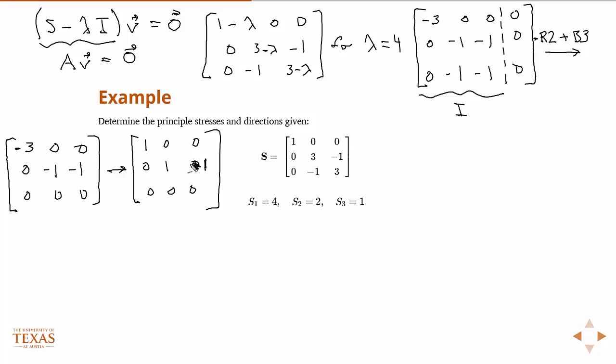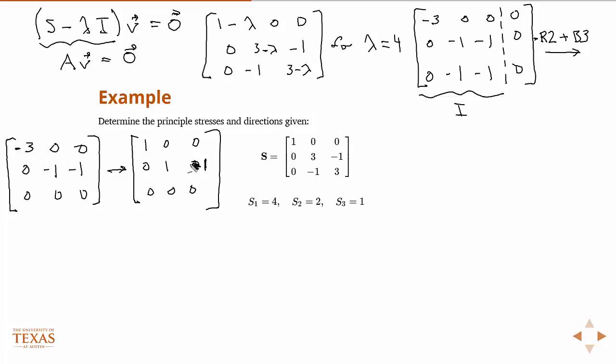So I have a row of all zeros. Does anybody know what that means? Well, an eigenvector is in the null space of the matrix A. But what it means here is that there are infinitely many solutions.